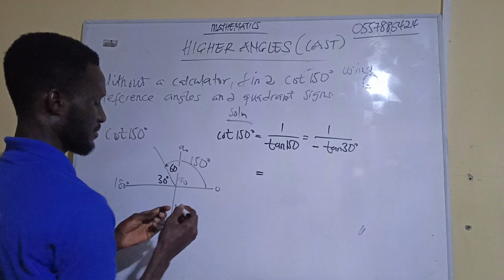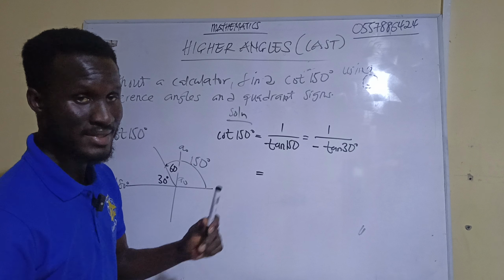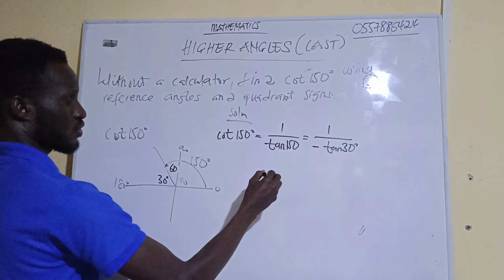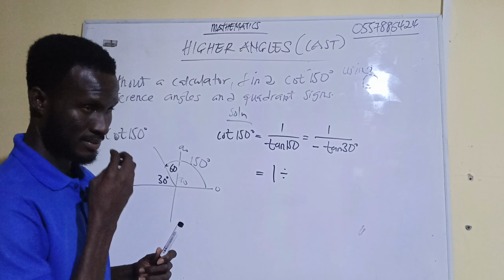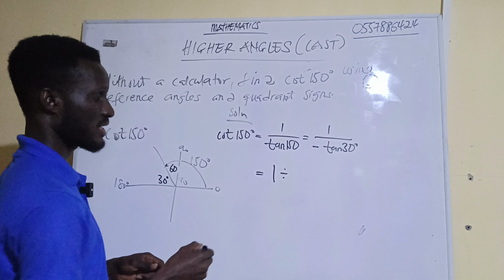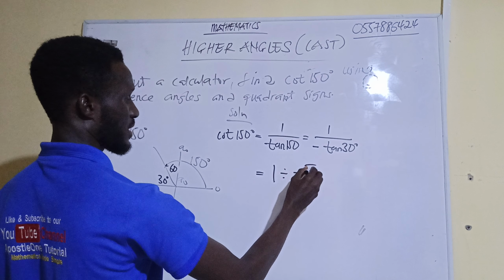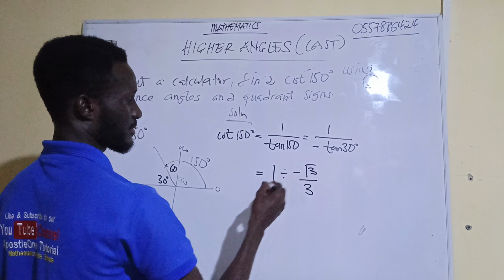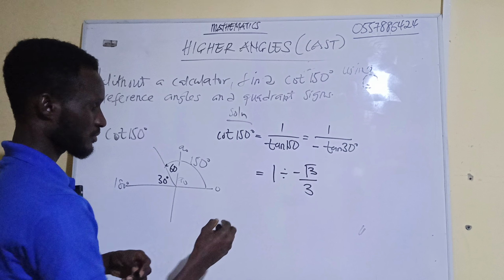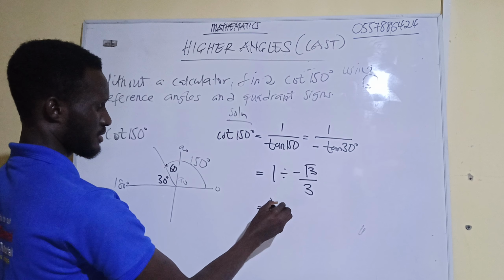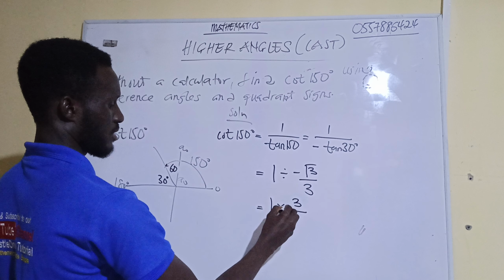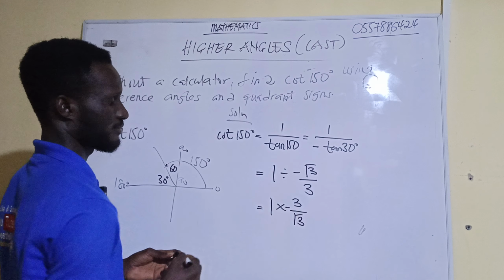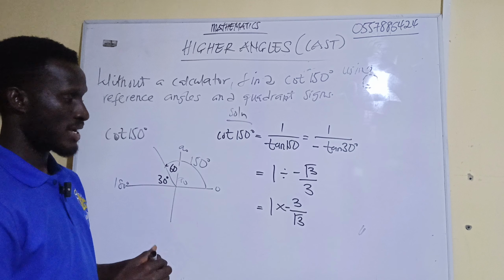Also at this point, what is tan 30? So we have 1 divided by tan 30. Tan 30 is root 3 out of 3. It is negative already. So we're going to have 1 times 3 divided by root 3. Now at this point, we need to rationalize.